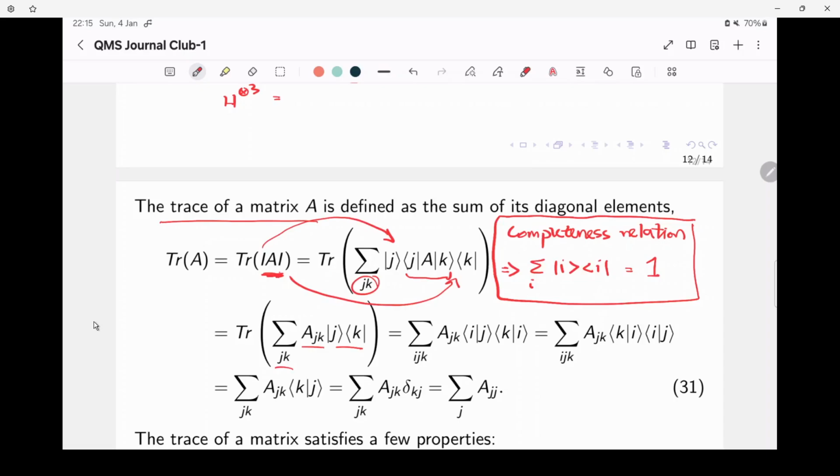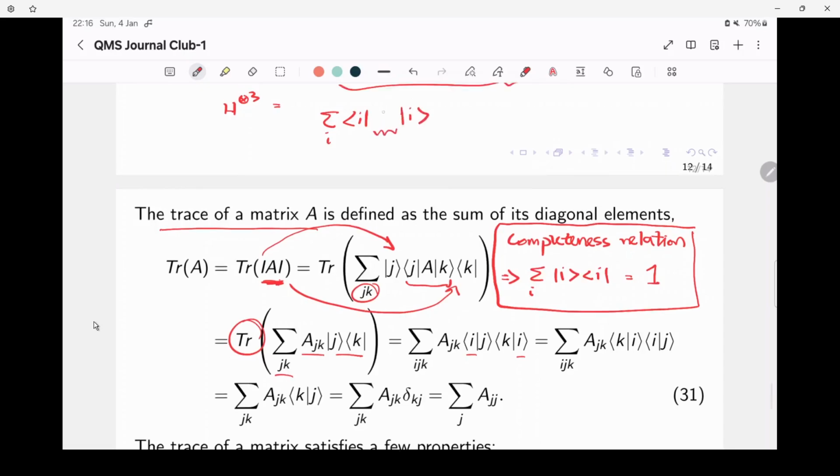So now what the trace does is basically trying to impose an inner product. So what the trace does is basically something like this. In between is your argument. So A_jk is just some constant, so I can pull it out.